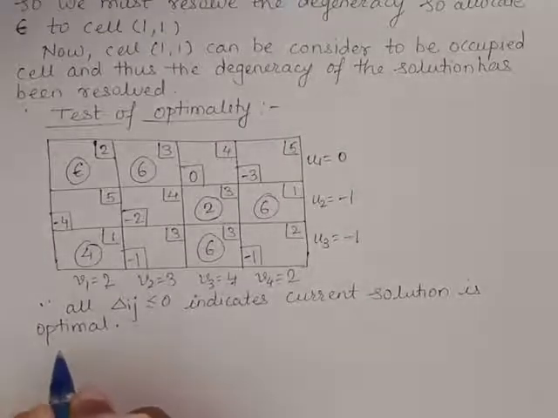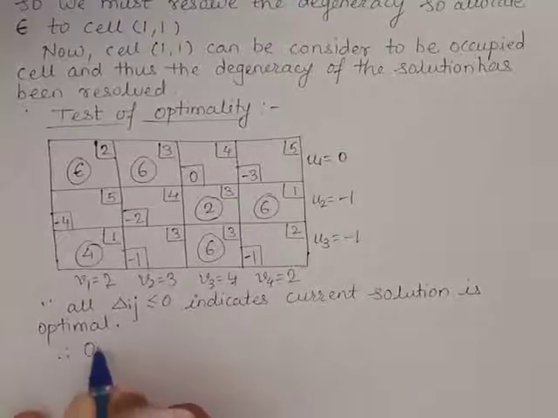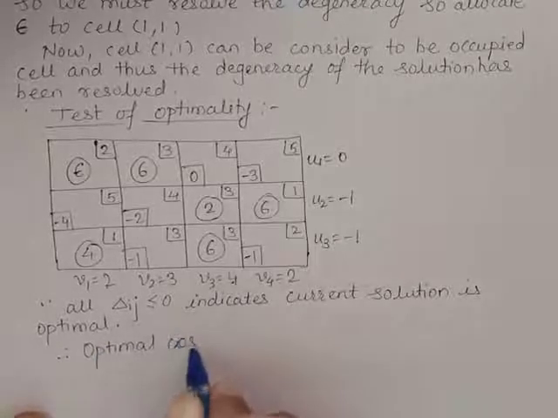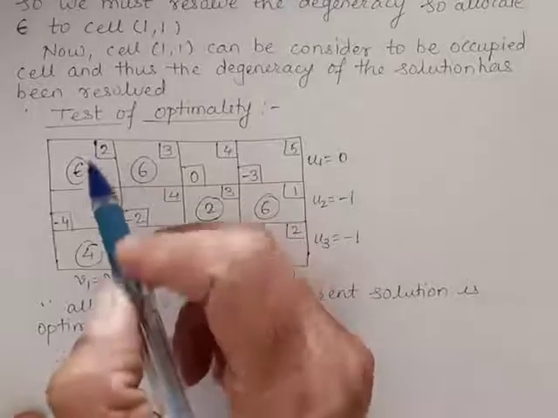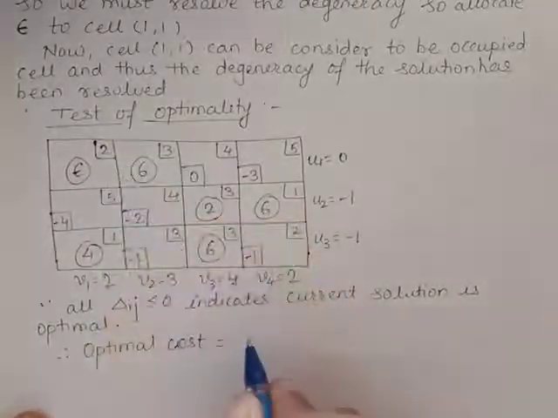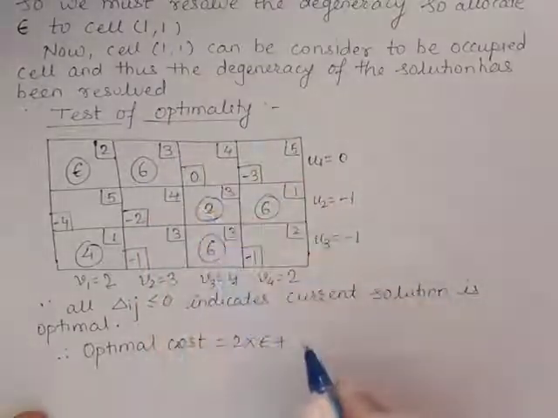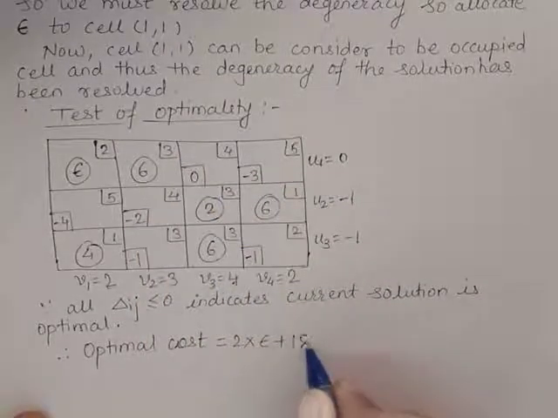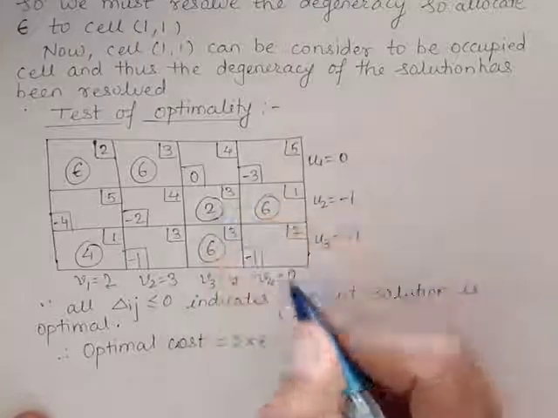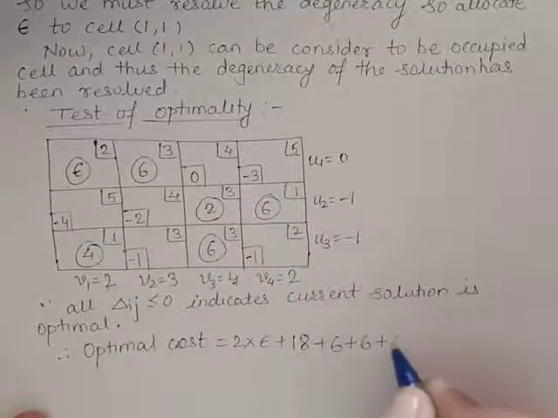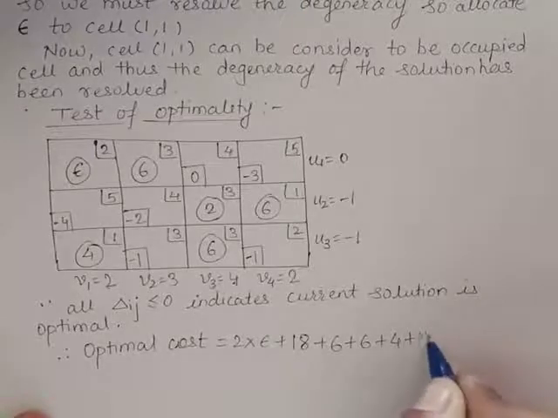What is the optimal cost? Therefore, the optimal cost is equal to this: 2 into epsilon plus 6 into 3, so it will be 18, plus this is 6, this is 6 plus 4 plus 18.